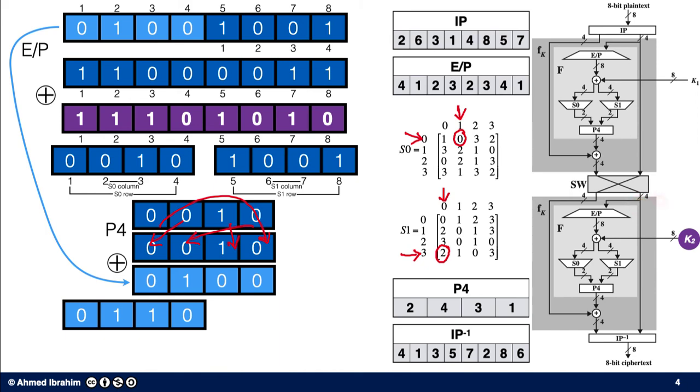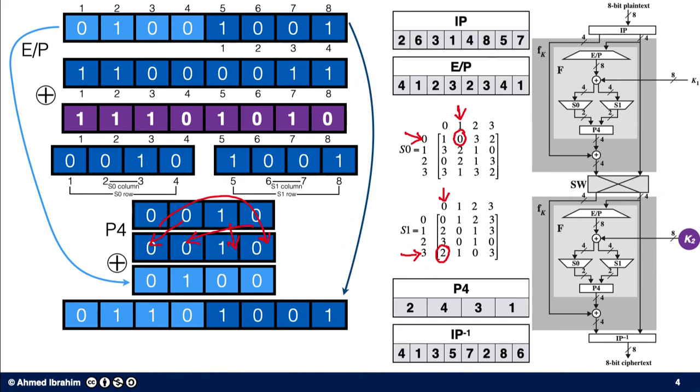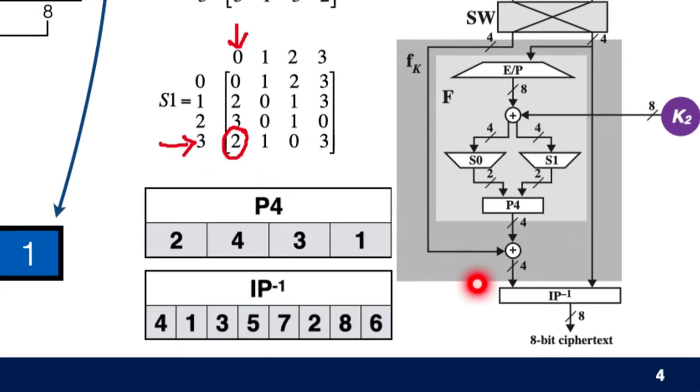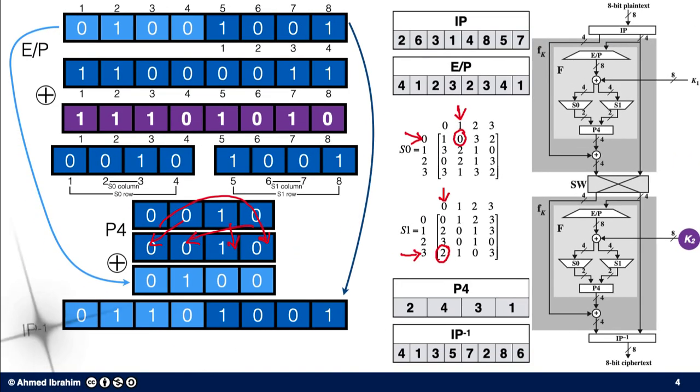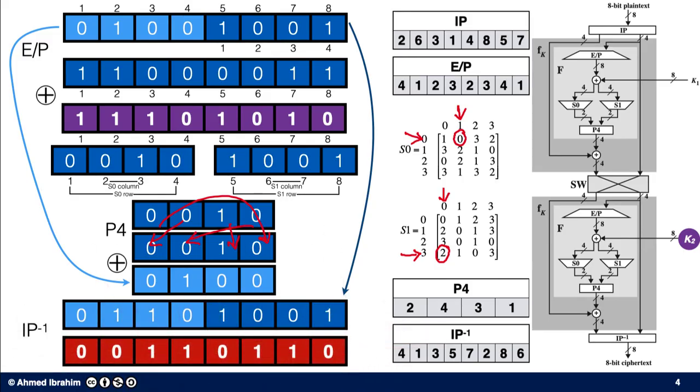We bring the original value down here. So this 1001 is the same as this 1001. And these total 8 bits are the input to the inverse of the initial permutation, which is this box. So again, you rearrange the bits using this ordering, and whatever you get then becomes your ciphertext.